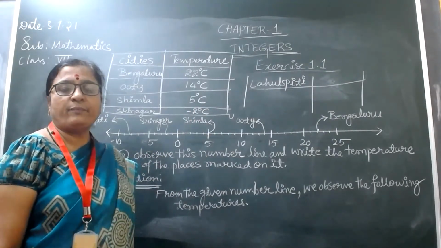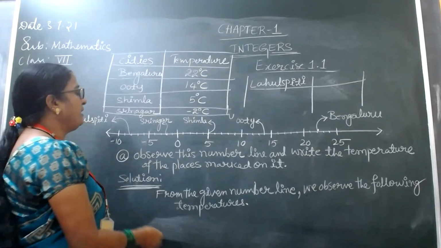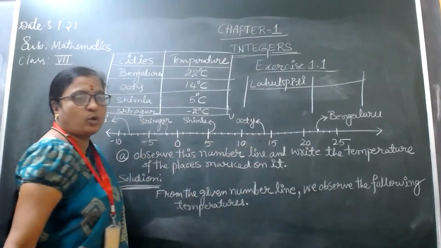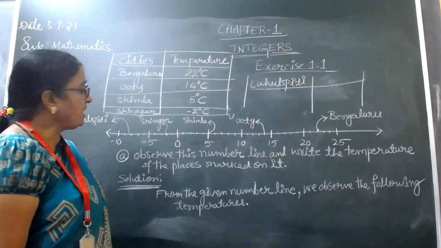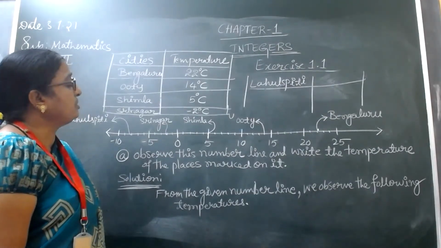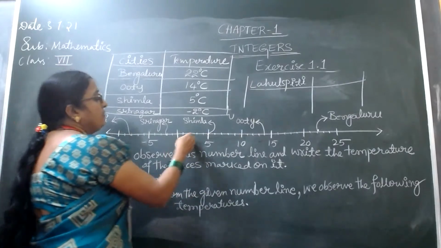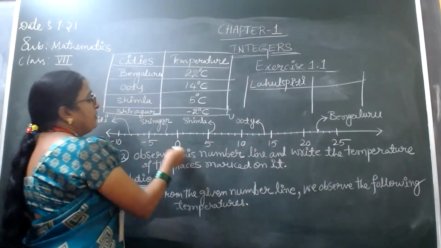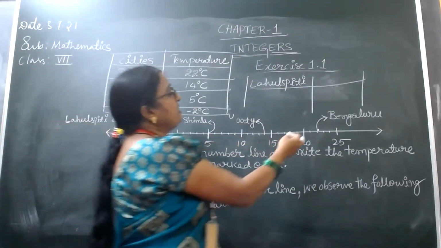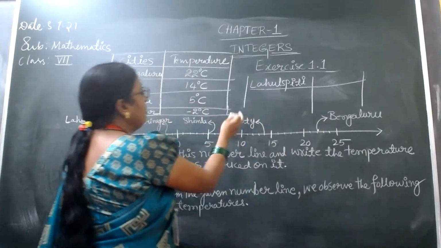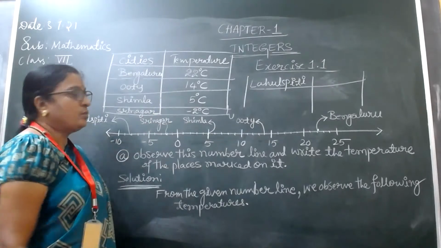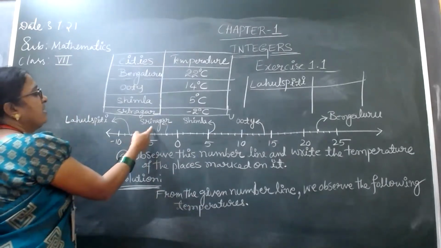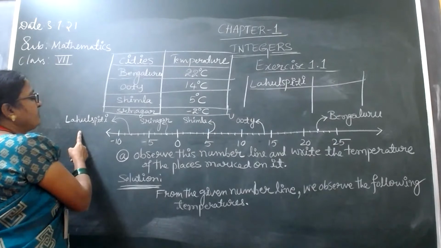I explained before in the first class about the number line: left of the 0 we take negative integers, and right of the 0 we take positive. On the positive side, 3 cities are coming: Bengaluru, Ooty and Shimla. On the left side, 2 cities are coming: Srinagar and Lahul Spiti.